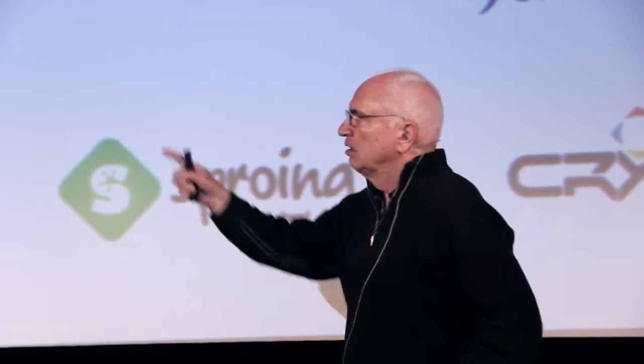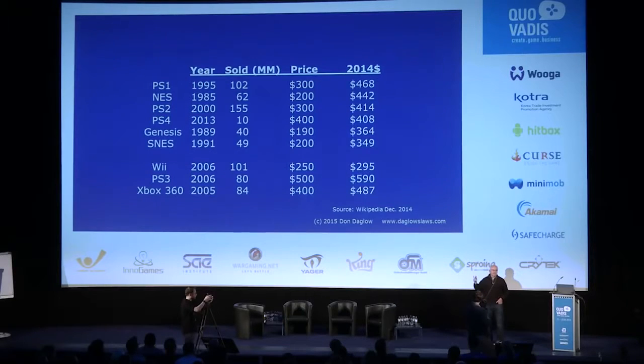They had very complex and intricate machines that were very expensive to make, and so they were selling at a loss. So now we look at this cycle and we have, wait a second, 100 million units sold at a profit competing against 160 million units, most of which were sold at a loss.